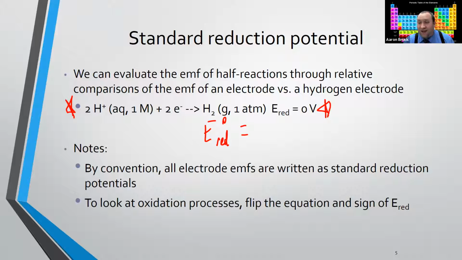If it is negative, that is a bad thing. It is not going to act as a cathode very often; chances are it's going to act as an anode, and we'll see the oxidation take place for it. If we wanted to look at oxidation processes, all we have to do is flip the equation and flip the sign to get the oxidation potential as opposed to the reduction potential.